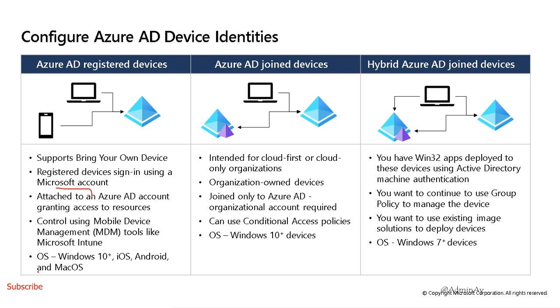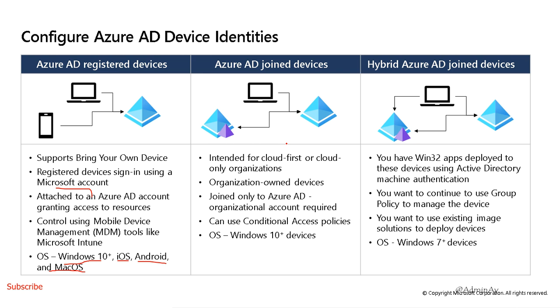So we can see here that registered devices support Windows 10 or higher actually. We have iOS, it supports the Android OS also, and the Mac operating systems. And now we have the other one, the Azure AD joined devices, that is intended for cloud-first or cloud-only organizations. When the organizations are using the AD joined devices, it's mostly used on the organization's properties, like the organization's own laptops.